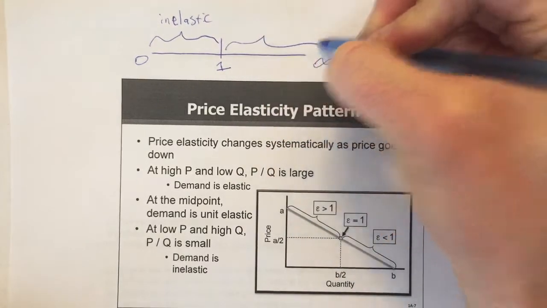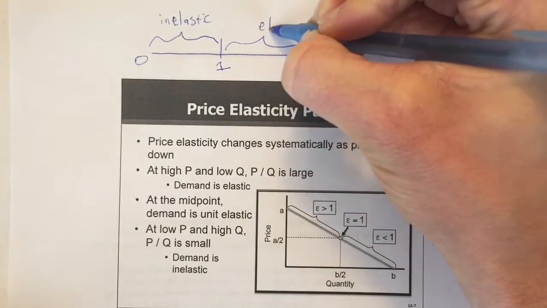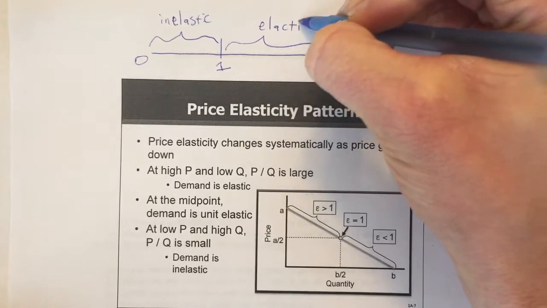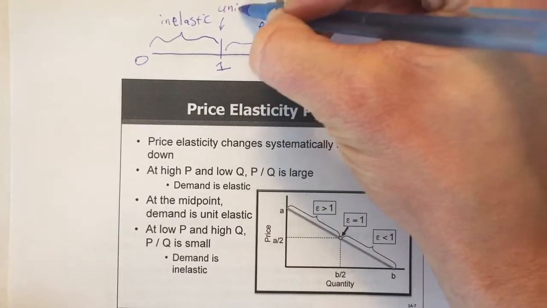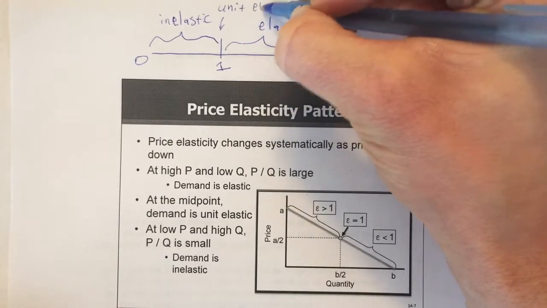Anything greater than 1 we'll say is elastic. And at 1, a good is unit elastic.